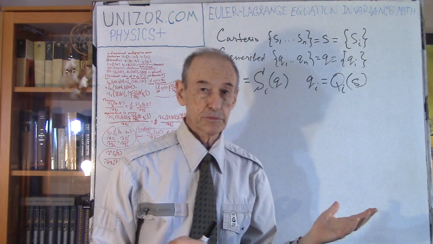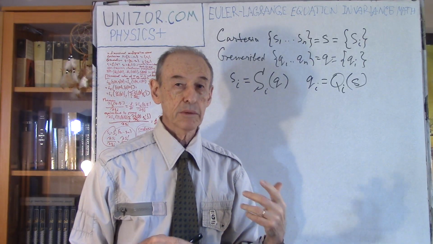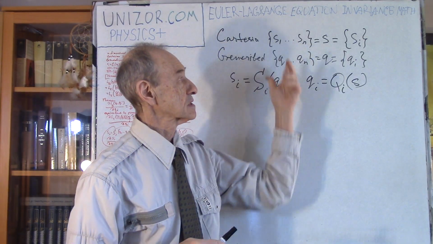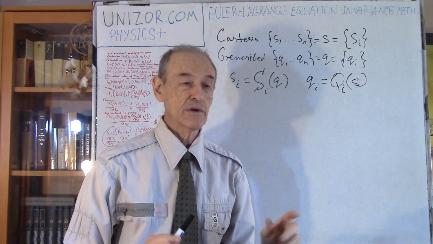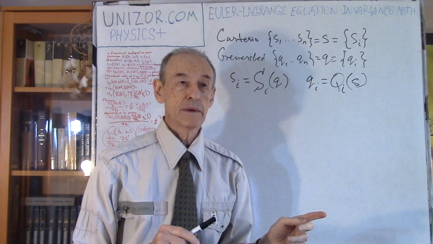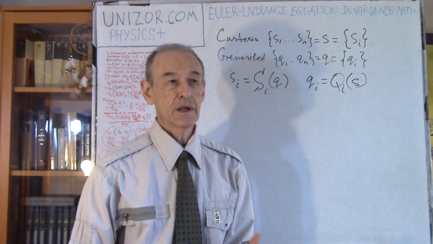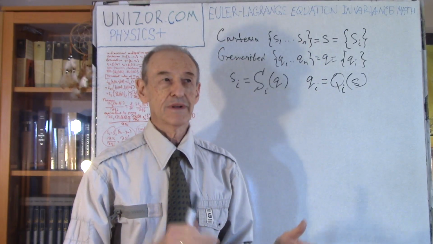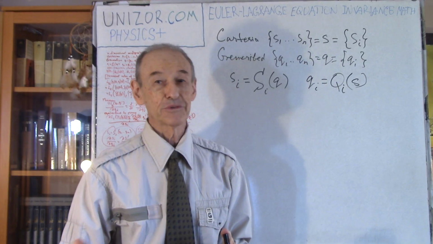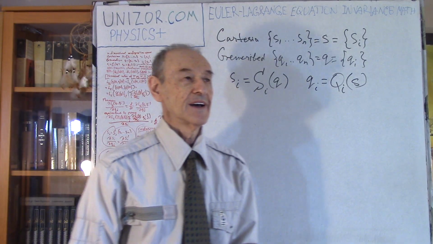In previous lectures I was talking about this invariance, or covariance more exactly, of the Euler-Lagrange equation based on the action principle. I logically made a good foundation, let's put it this way; the word proof is maybe too strong.